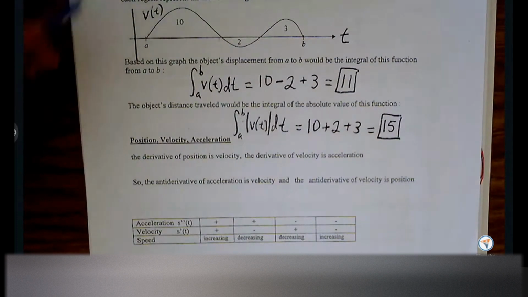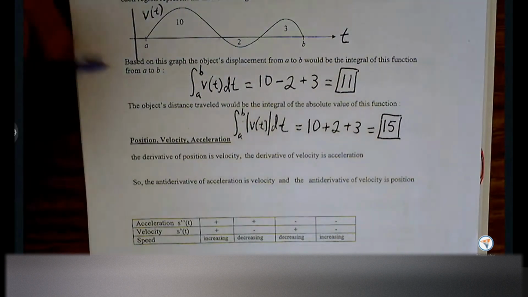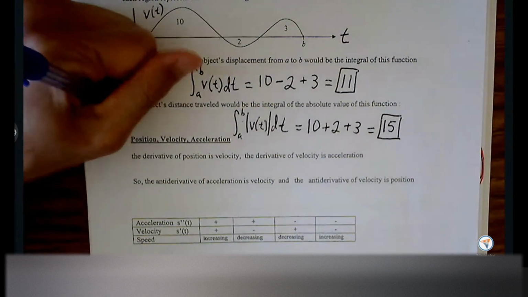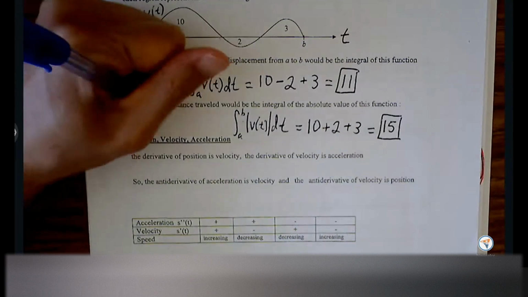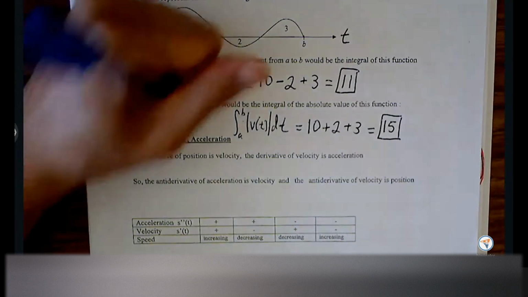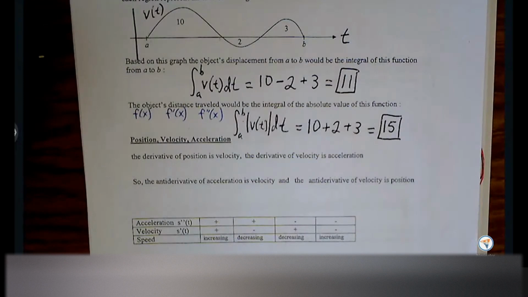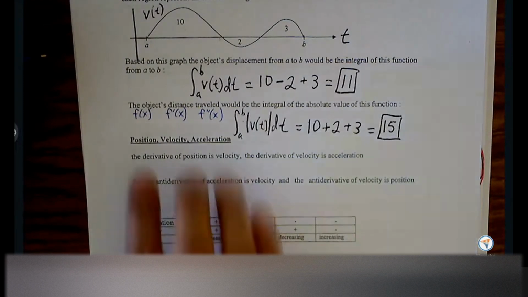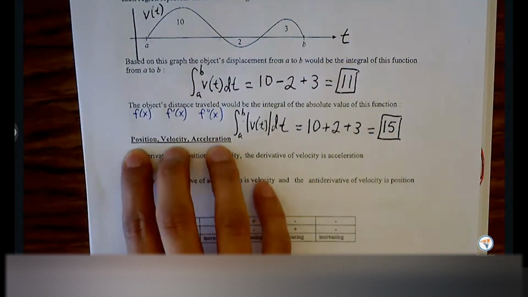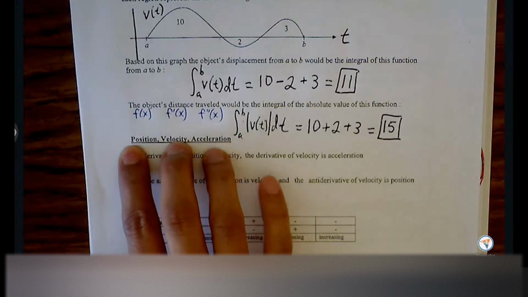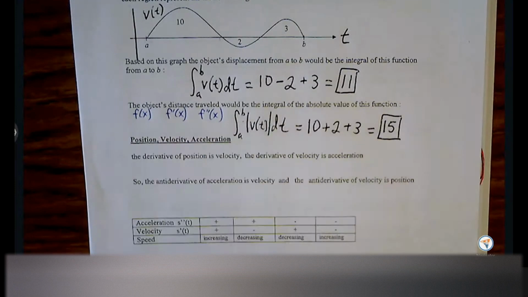First semester, we understood that position, velocity, and acceleration is just that relationship between function f, f prime, and f double prime, right? We know how to get from function to first derivative to second derivative. And that's exactly that relationship between position, velocity, and acceleration. We're just using different variables in a different context.